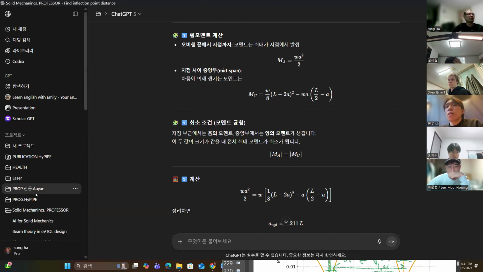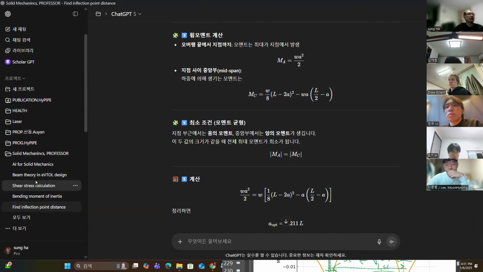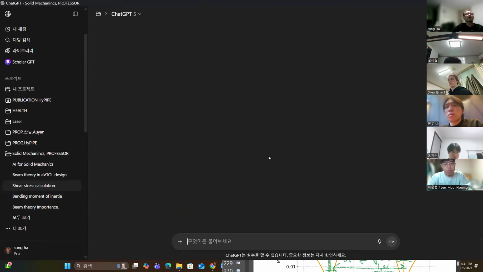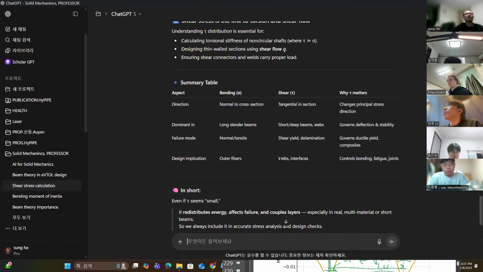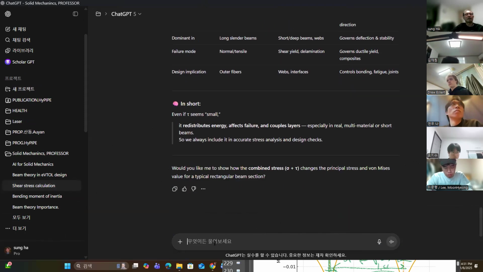I just want to show you the shear stress calculations for this subject. Please plot the shear stress distribution over the section.